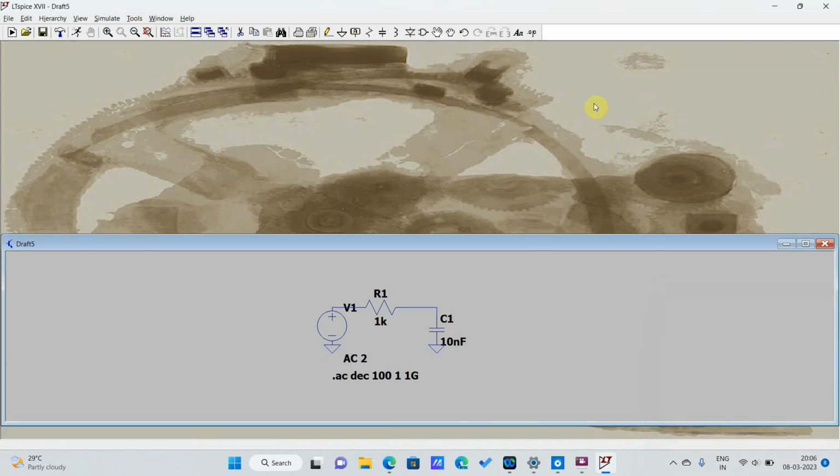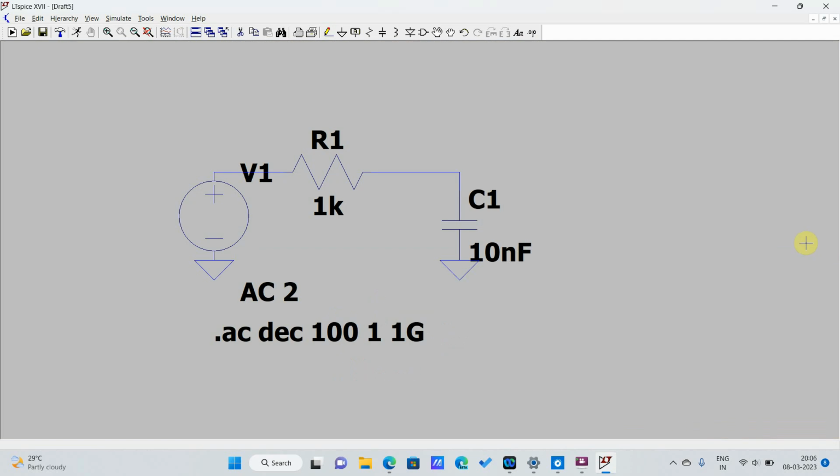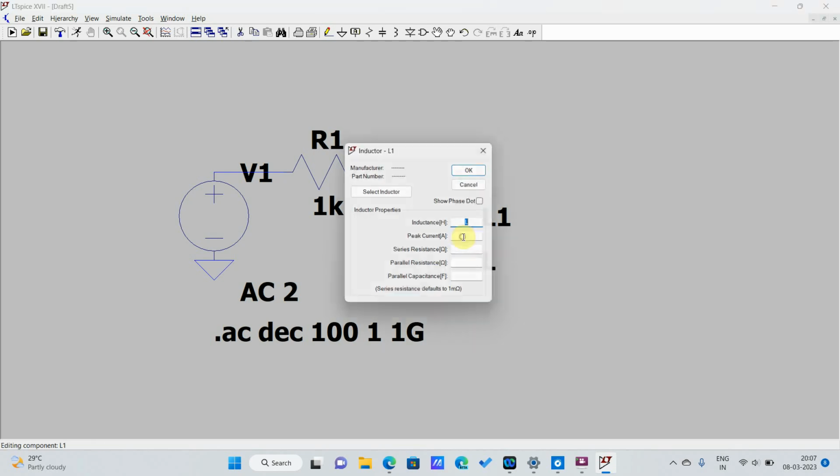Okay, now we'll do it for an RL circuit. Give some value for this inductor.